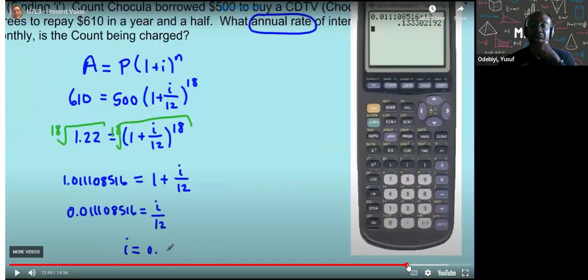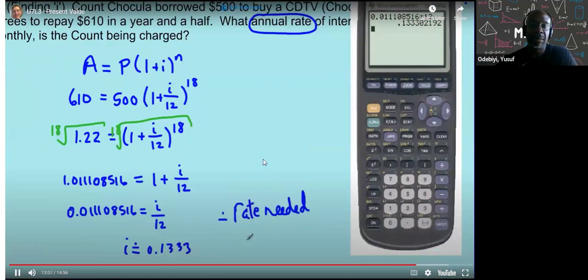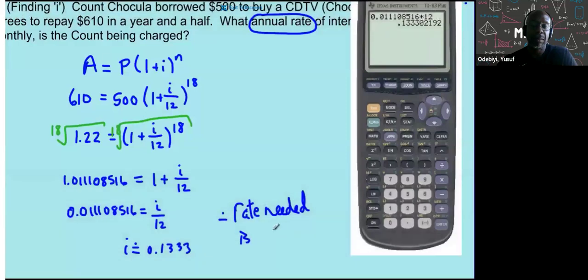That's going to be your interest rate: 0.1333. That's in decimal, which means it's 13.33%. So we write it out: 13.33%.